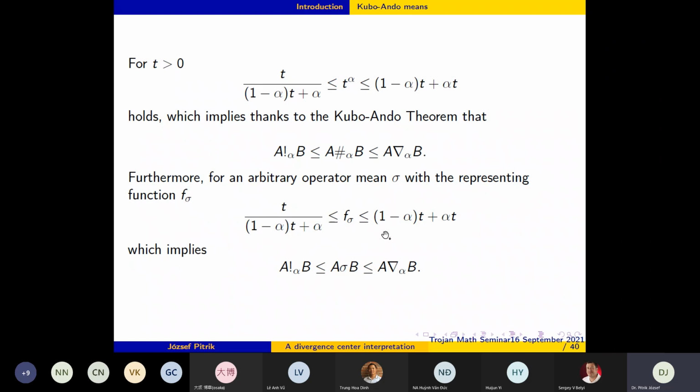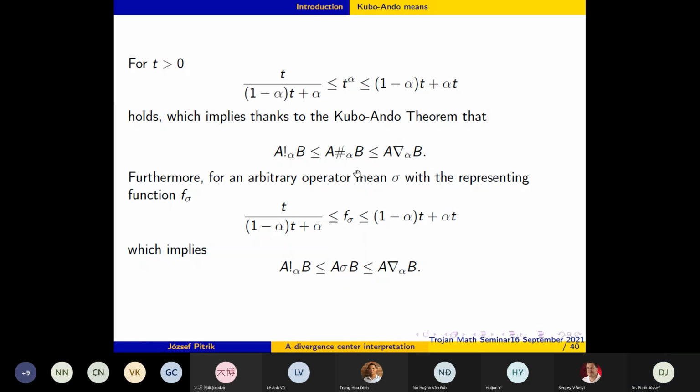It's easy to check that the following inequality chain holds for the representing functions of the harmonic, geometric, and arithmetic means, which implies, thanks to the Kubo-Ando theorem, that the weighted harmonic mean is less than or equal to the weighted geometric mean, which is less than or equal to the weighted arithmetic mean.